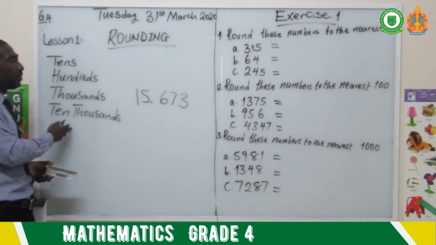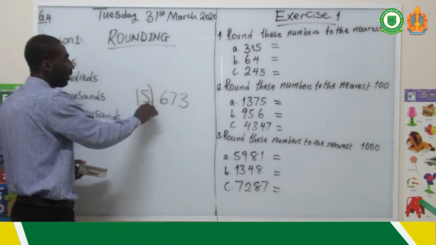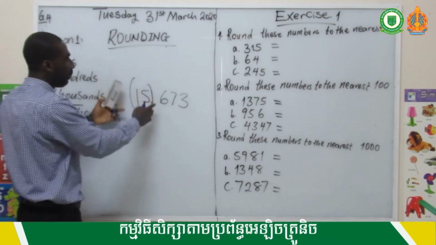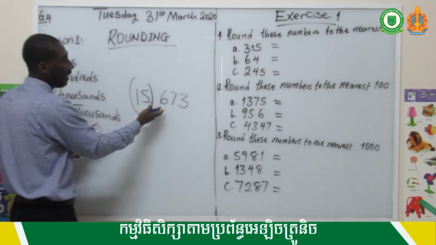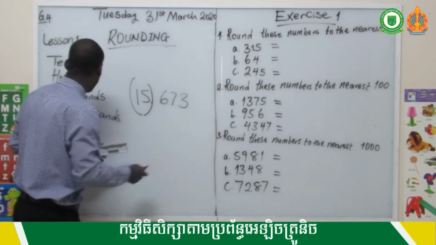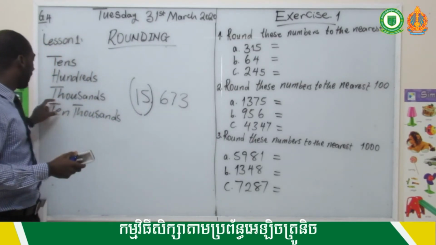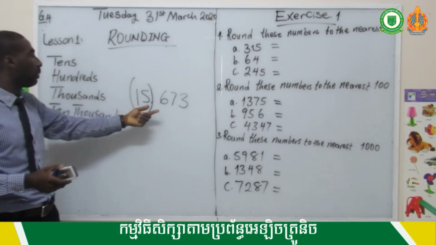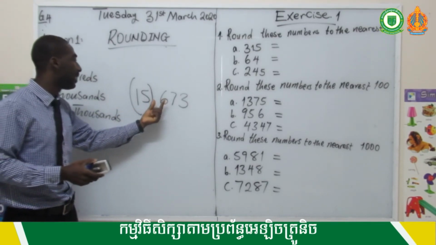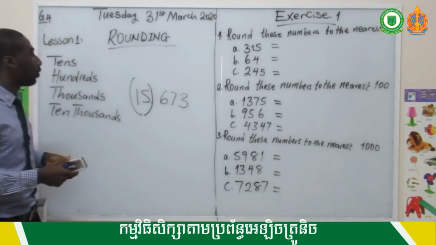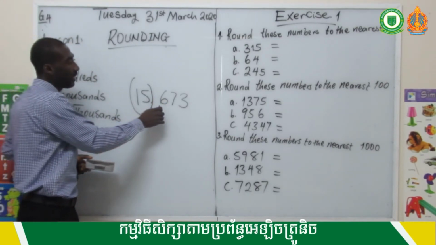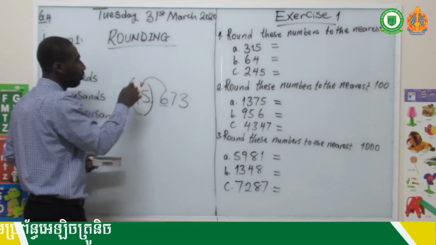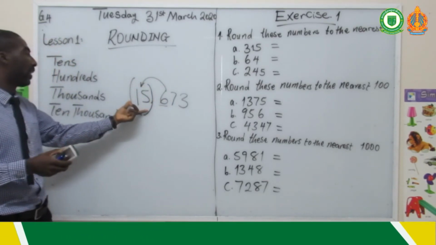So when you say 10,000, it means that you are looking at this big number. The number here makes the 10 and the number here makes the 1,000. If you are looking at 10,000, you look at your 1,000. So your immediate number here becomes this particular one. So what do you have to do? This is coming as thousands, so this is going to give a point to the figures that you have over here.